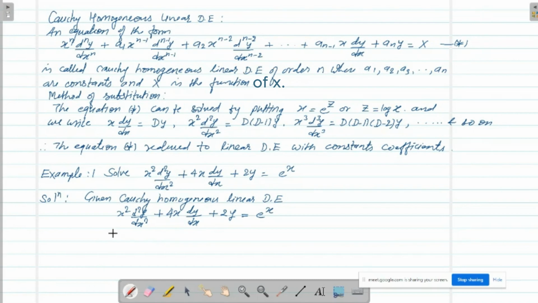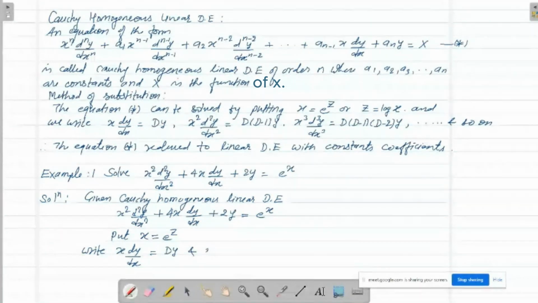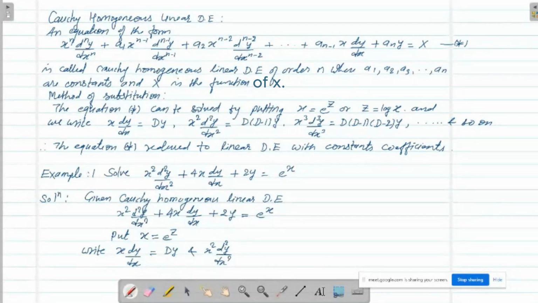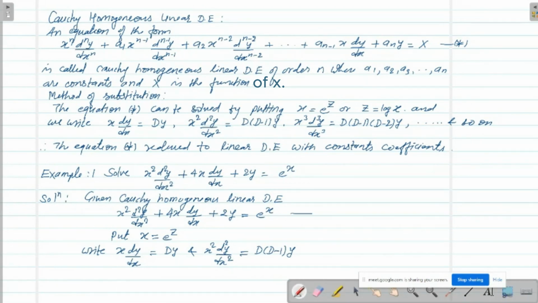So here we put x equal to e raised to z, and write x dy by dx equal to Dy, and x square d square y by dx square equal to D(D minus 1)y. Name this equation number star.